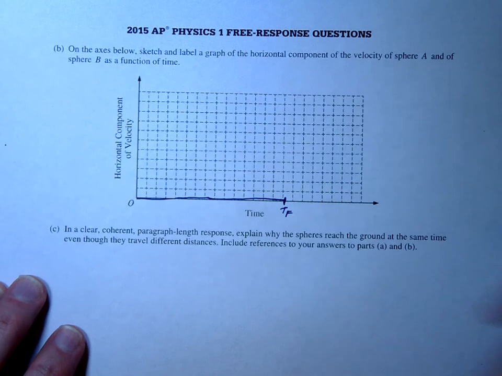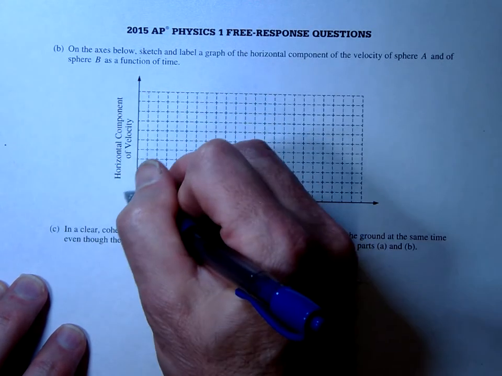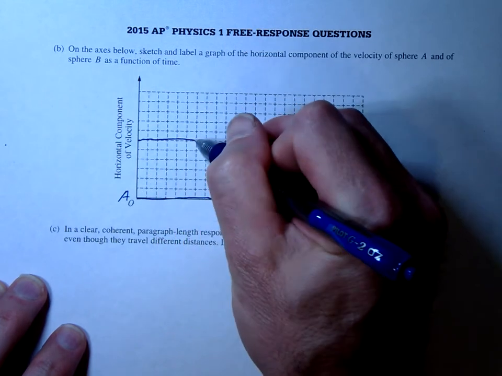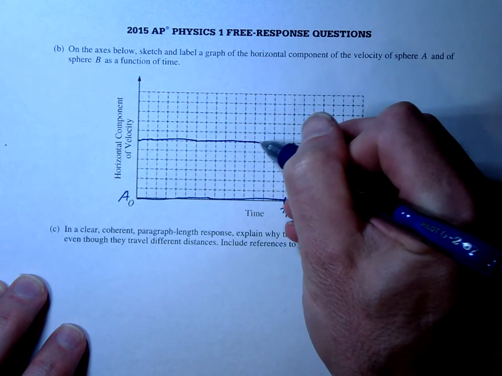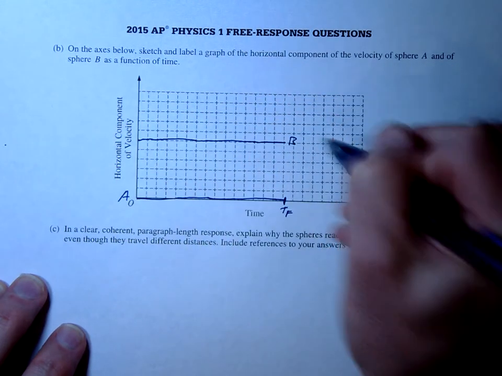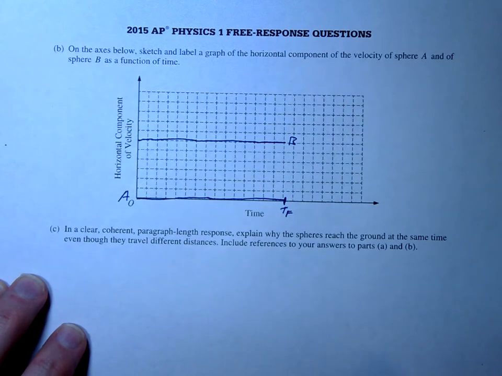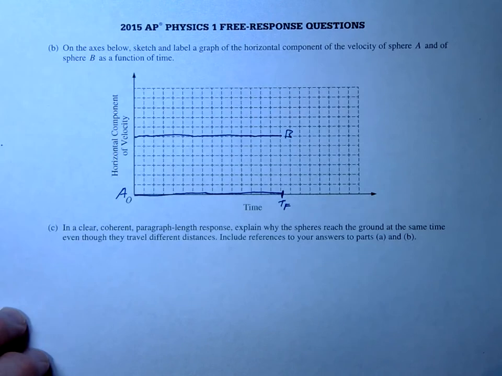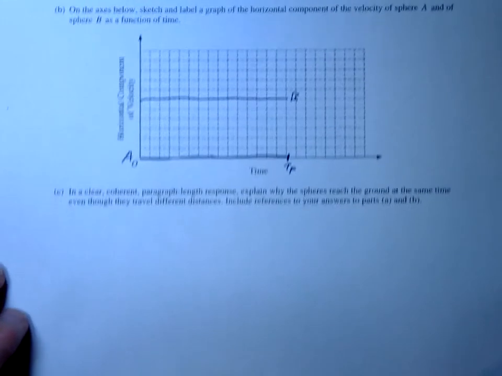Just call it right here. And sphere B, this would be A, right? Sphere B has a constant horizontal velocity, so this would be sphere B. Remember, only the vertical components of velocity change when it's in the air.